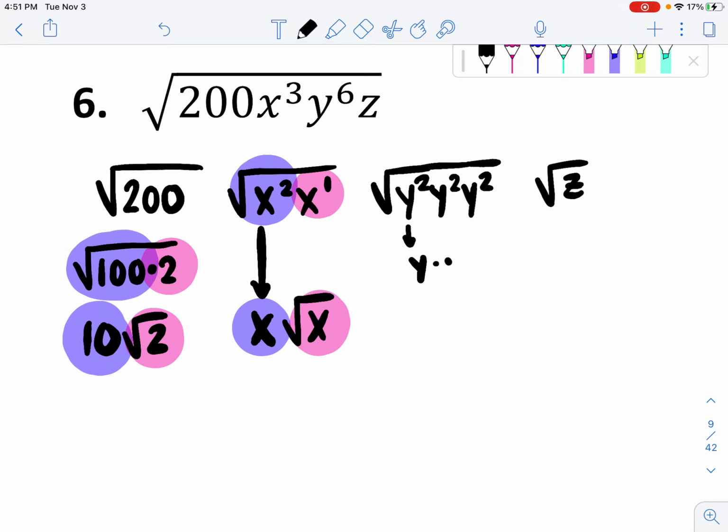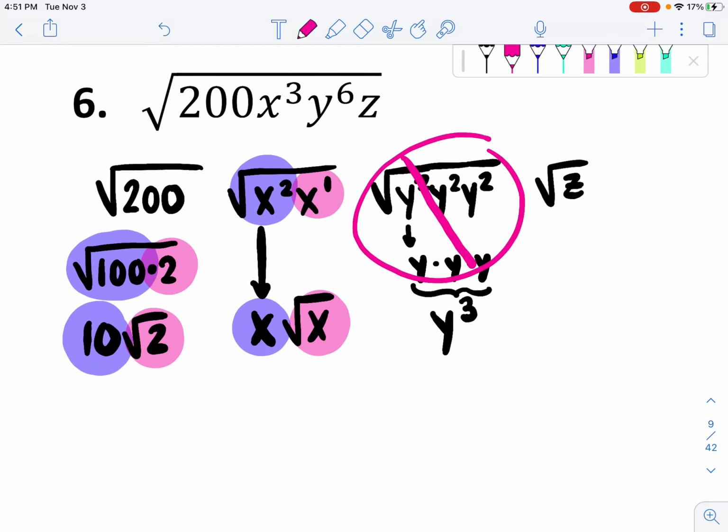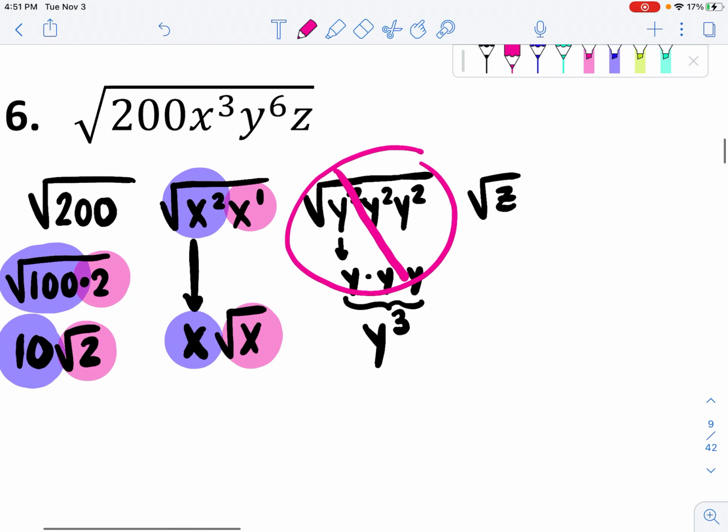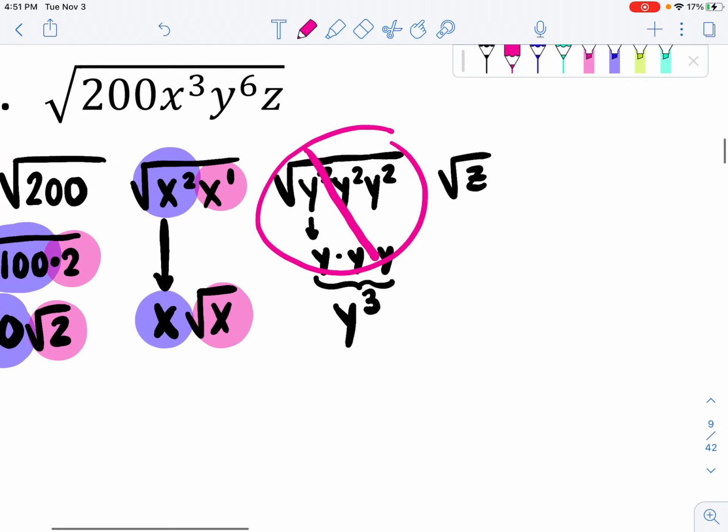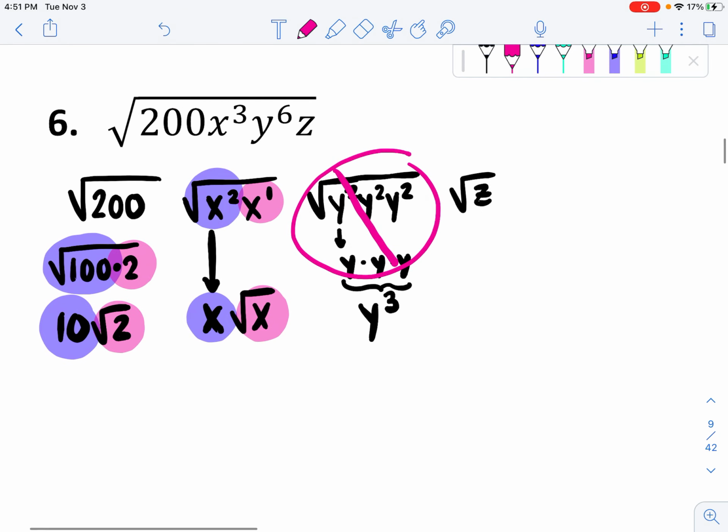All 3 of these get released as 3 separate y's because they all have an exponent of 2. And all 3 of them combined gives me y cubed. You can skip this step though, because if you figured out the rule, when you're square rooting a variable with an exponent, you're just dividing the exponent by 2, and that's what gets released. And then I have just the square root of z.